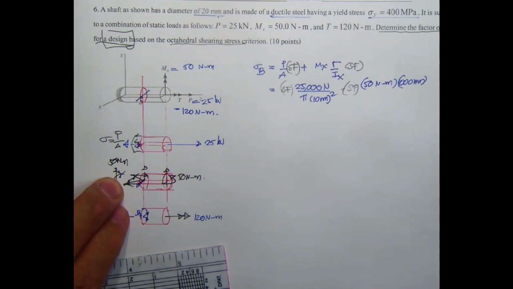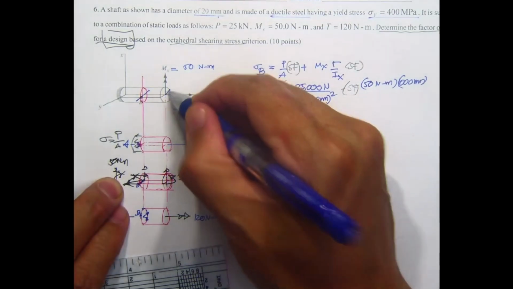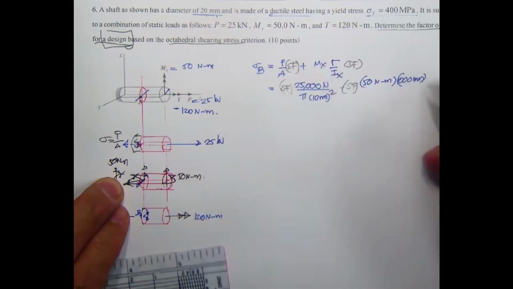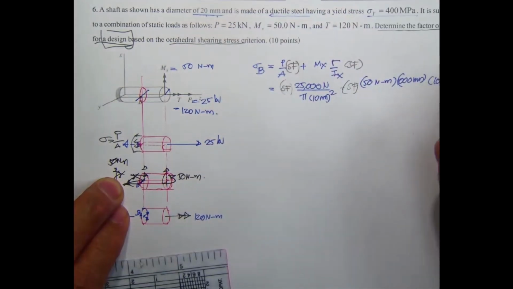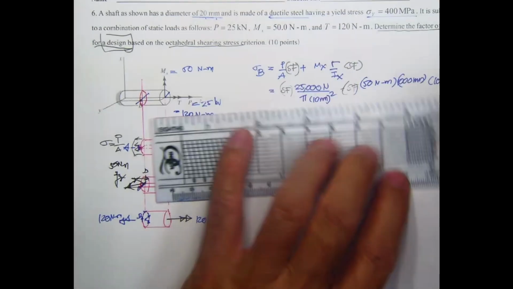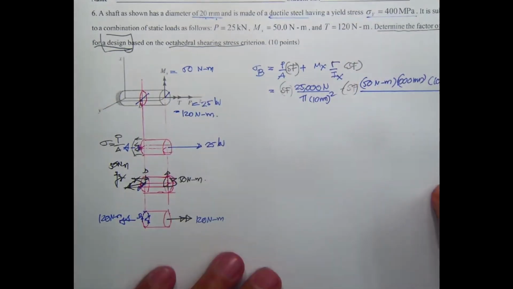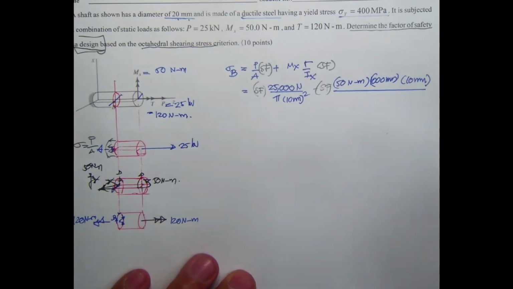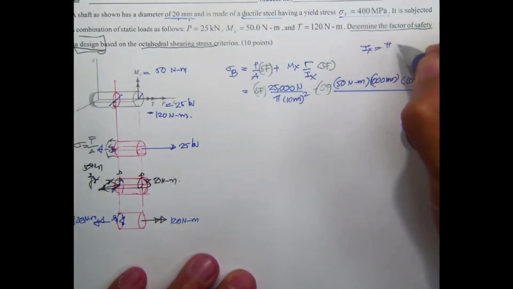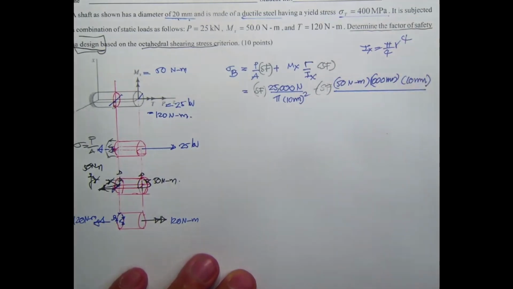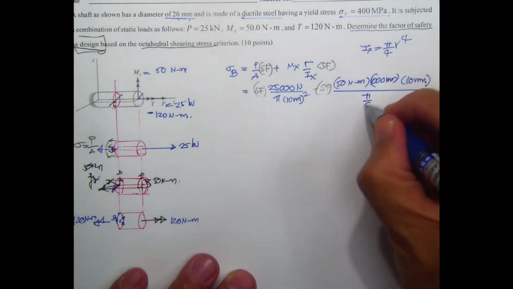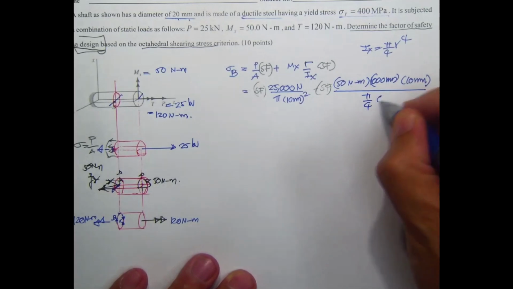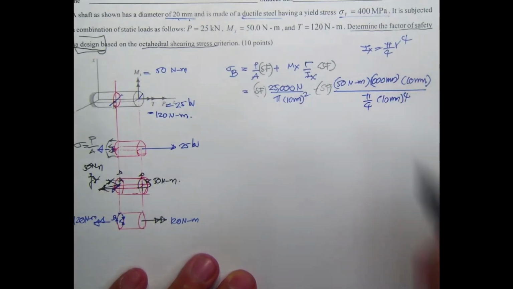And then we have the radius again, which is half of this 10 millimeter. And then we have I sub x. I sub x of this one is pi over 4 radius to the power 4, so pi over 4 times 10 millimeter to the power 4.